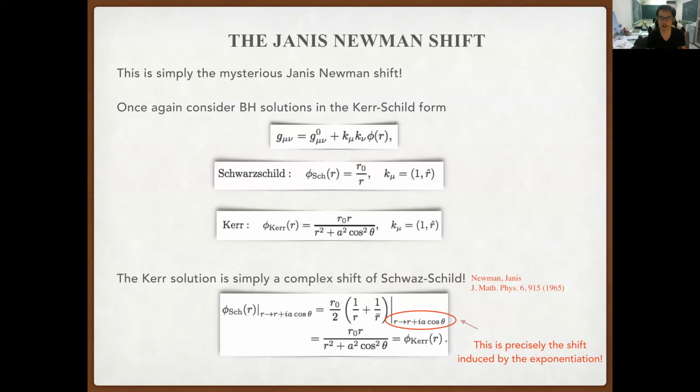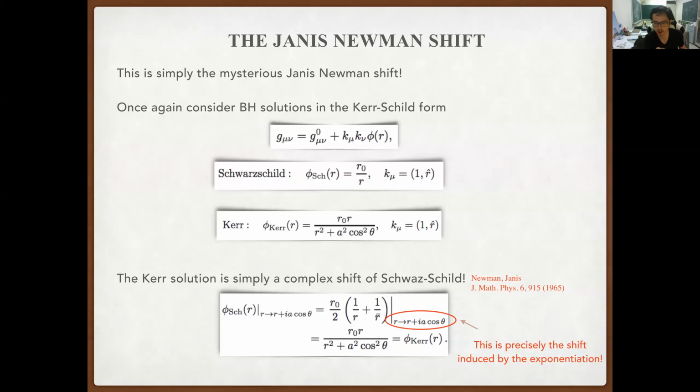This is precisely the mysterious Janis-Newman shift, which was found not long after Kerr wrote down his solution. Janis and Newman found that if you look at the metric in the Schwarzschild form, you can compare the scalar function for Schwarzschild and the scalar function for Kerr. You'll notice that the scalar function for Kerr is basically just a complex shift of the one for Schwarzschild.